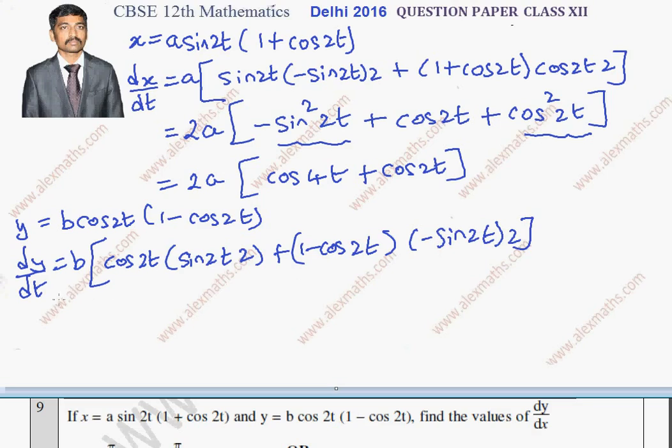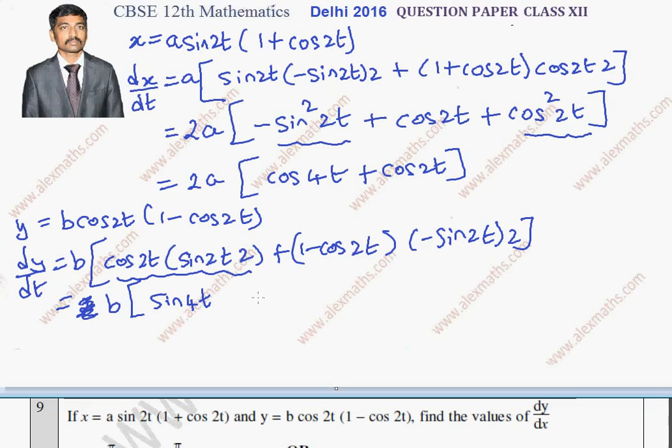So once again 2 is common throughout. If I take 2 out, this is going to be cos 2t into sin 2t. But if 2 is inside, I can change the entire term itself to sin 4t. So better we will not take 2 common here.